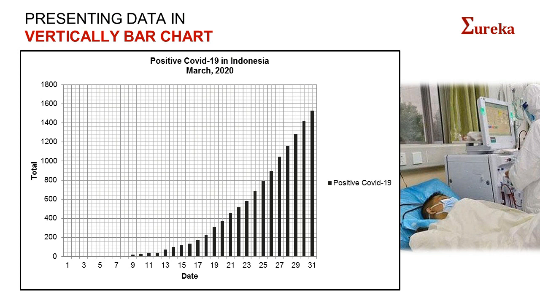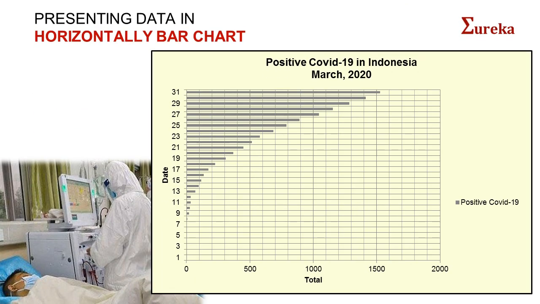And the next, we want to present the data in the horizontal bar chart. Opposite to the vertical bar chart, the x-axis in the horizontal bar chart shows the total number of positive COVID-19 cases, and the y-axis or vertical axis shows the date, from 1st until 31st March.